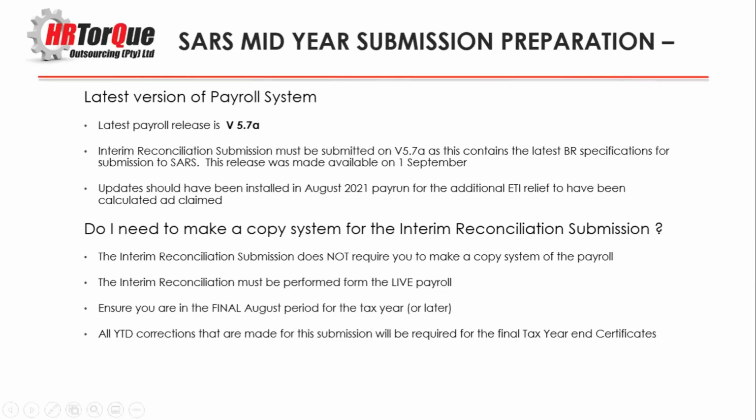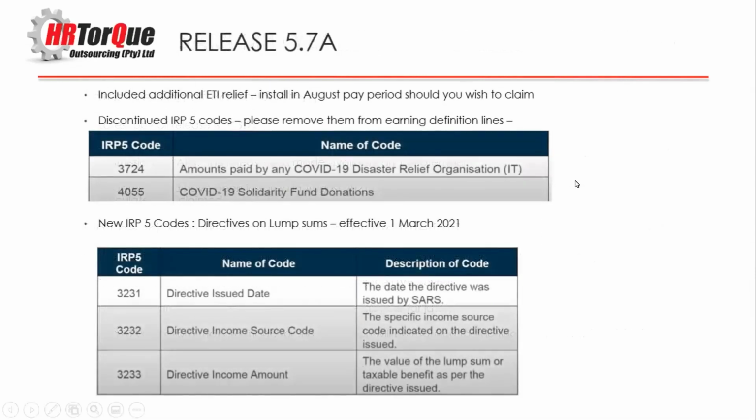Okay. On release 5.7, there were just a few changes that I think we need to take note of, because this will actually affect your mid-year submission. Just ensure that there are 2 codes that have been discontinued. And then the other big change that came into play was how we record tax directives going forward.